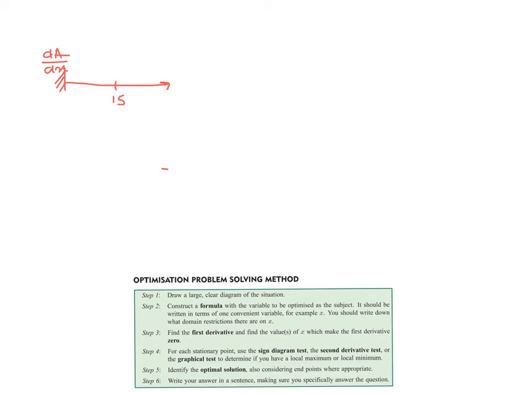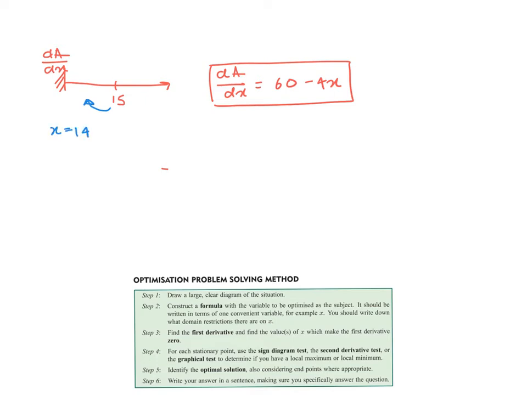Let me write down the first derivative: 60 take away 4x. How are we going to find those signs before and after? We're going to choose some values of x before 15, let's say 14. So it's less than 15. x is equal to 14.